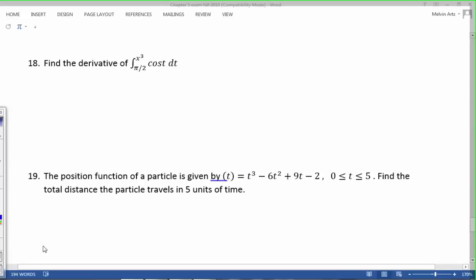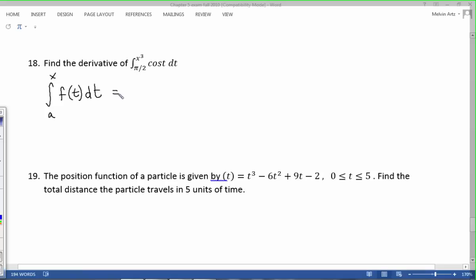Now we've learned that if we have this integral, which represents the area so far under the curve, and we want to take the derivative, well, think about it this way.